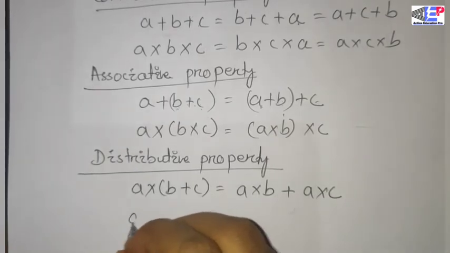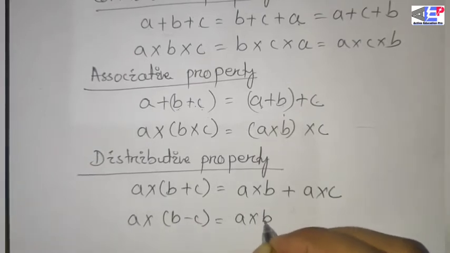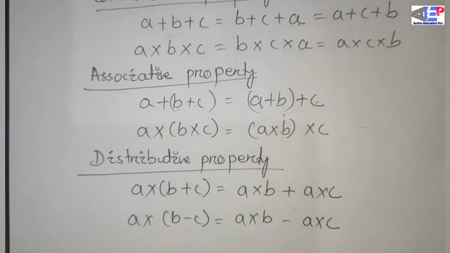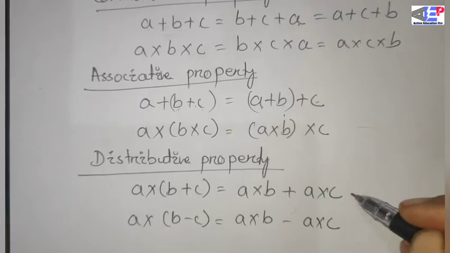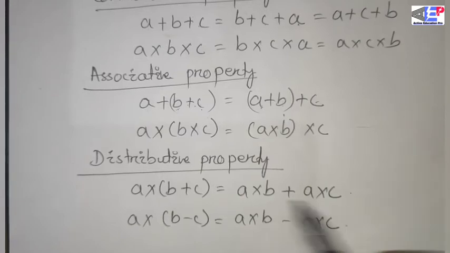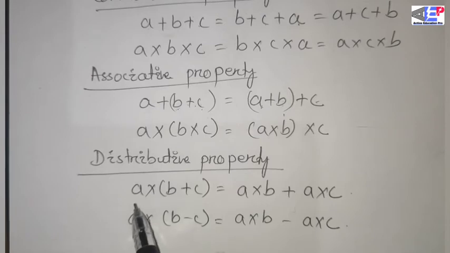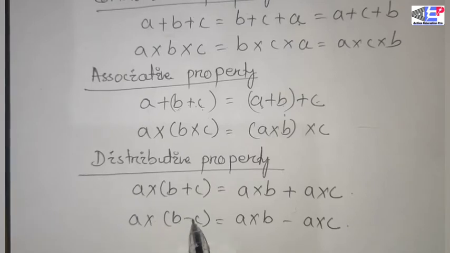Another operation: a into b minus c is equal to a into b minus a into c. Both properties are for multiplication, but the first one is over addition and the second one is over subtraction.